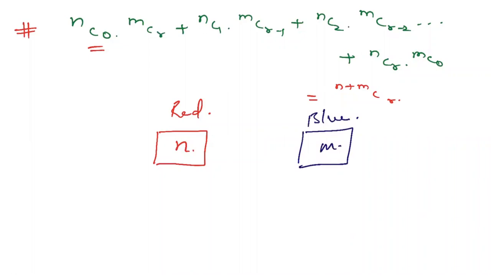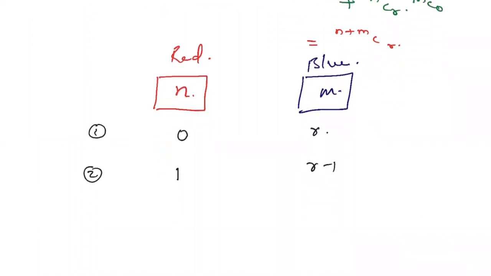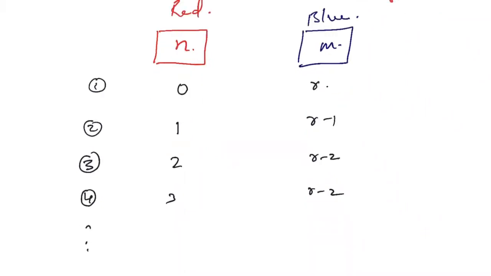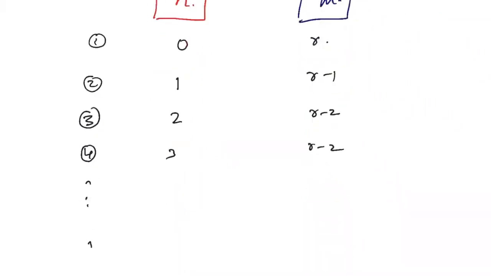So when we select r students, case first: 0 coming from red house, r coming from blue. Case second: 1 coming from this, r minus 1 coming from this. Third: 2 coming from there, r minus 2 coming from this. Fourth: 3 coming from this, r minus 3, and so on, up to the last one, which will be r from this and 0 from the other.